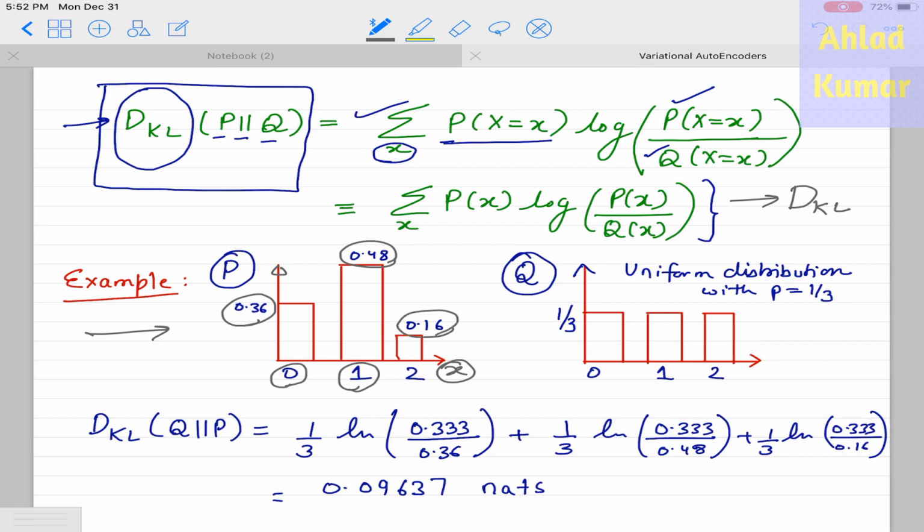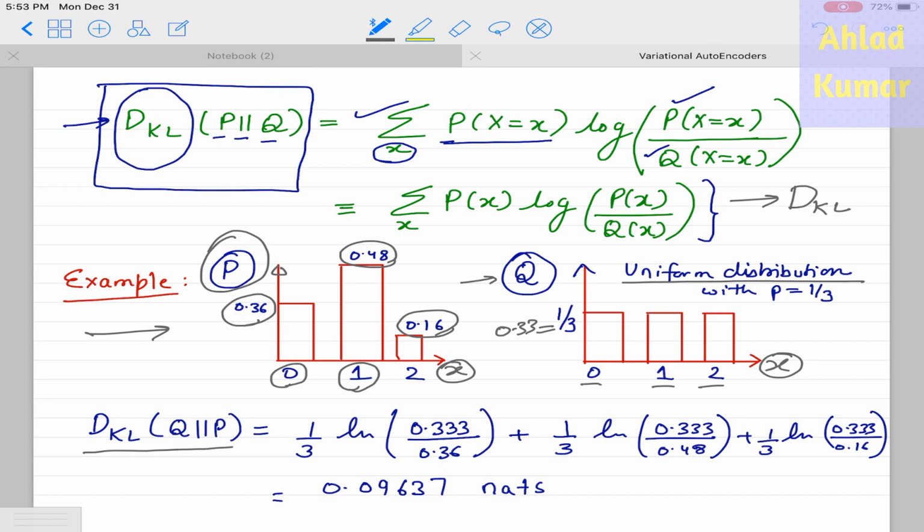So this is for probability distribution capital P. For capital Q, it's a uniform distribution with probability 1/3, which is actually 0.33. So all the random variable values 0, 1, 2 will have a probability of 0.33. It is also known as a uniform distribution PDF. We want to compare these two PDFs, to see how far they are from each other, and that is measured using the KL divergence as defined over here.